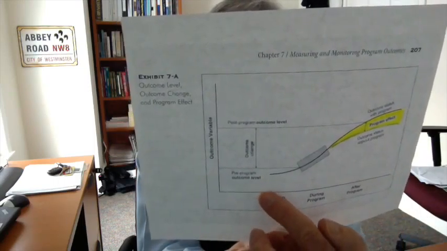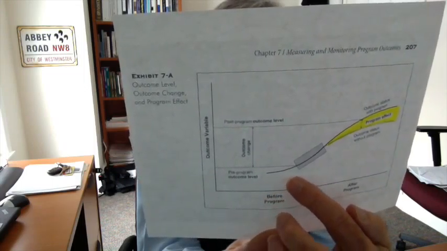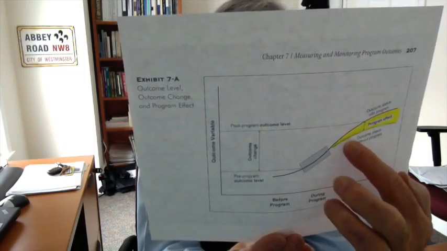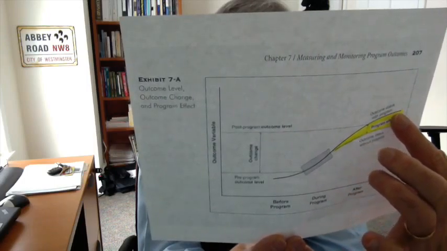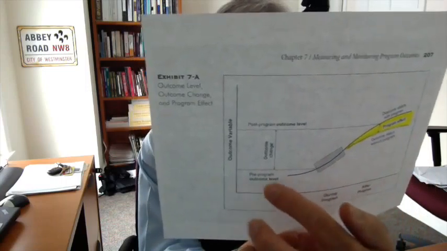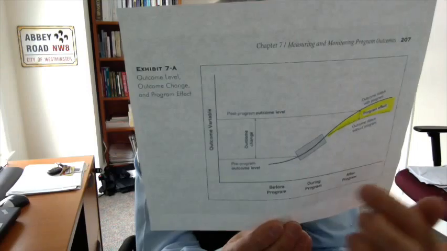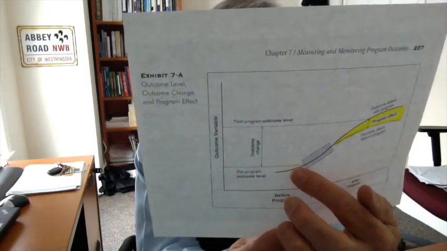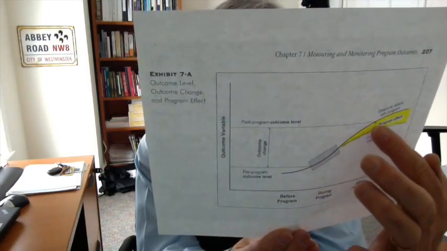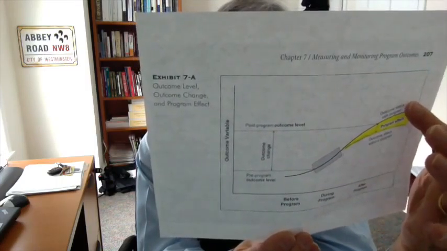The graph here basically shows that over time, program participants, or people who got the intervention, ended up doing better on whatever variable it is that the intervention was trying to improve, okay? So there they go. Before they were down here, afterwards they were up here.